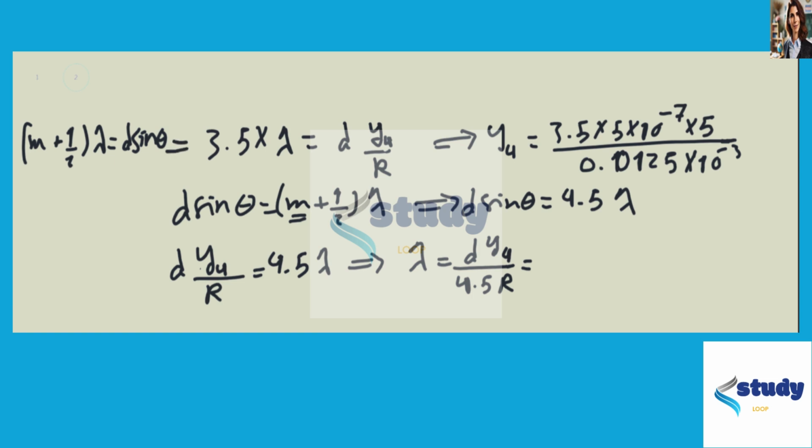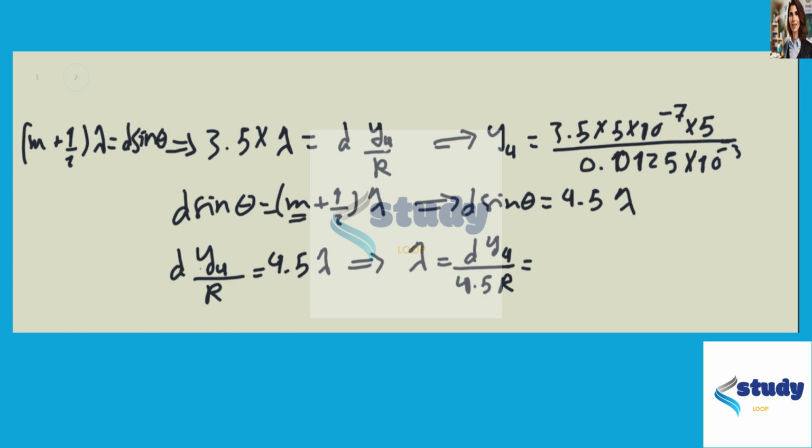And because this is the fourth order, the first order minima will be at half, the second at 1 plus half, 2 plus half, 3 plus half. So the fourth order would be 3.5 times lambda is equal to d sine theta, which is y over r, and y is what we labeled by y4.